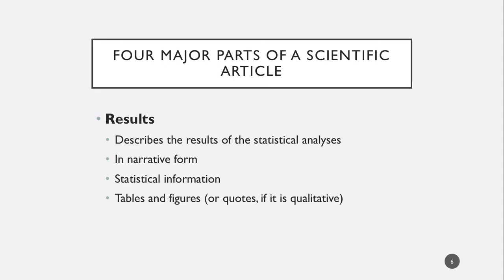And then it provides the statistical information, so a lot of the quantitative numbers. And then there are tables and figures, or quotes if it is qualitative. The tables and figures are places to put numbers or the results from the study.